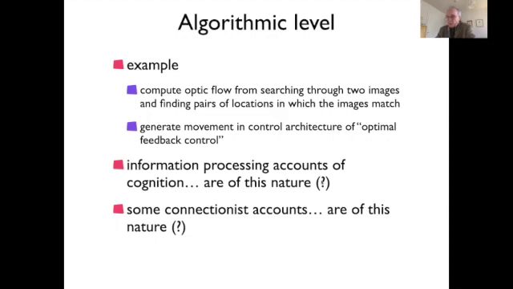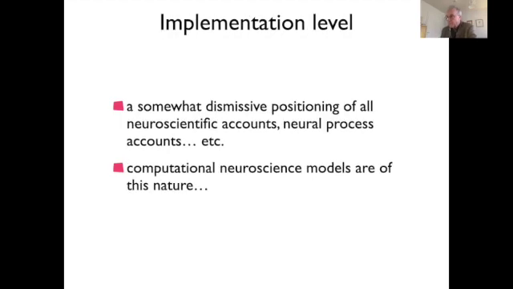I actually think that some connectionist accounts are also of this nature, that they're not really about neural processes, that they're more, it's just algorithms with different elements rather than computer algorithms. They are, in some other abstract sense, algorithms. I'll say a few things about these two things just after I give this summary of the three levels.